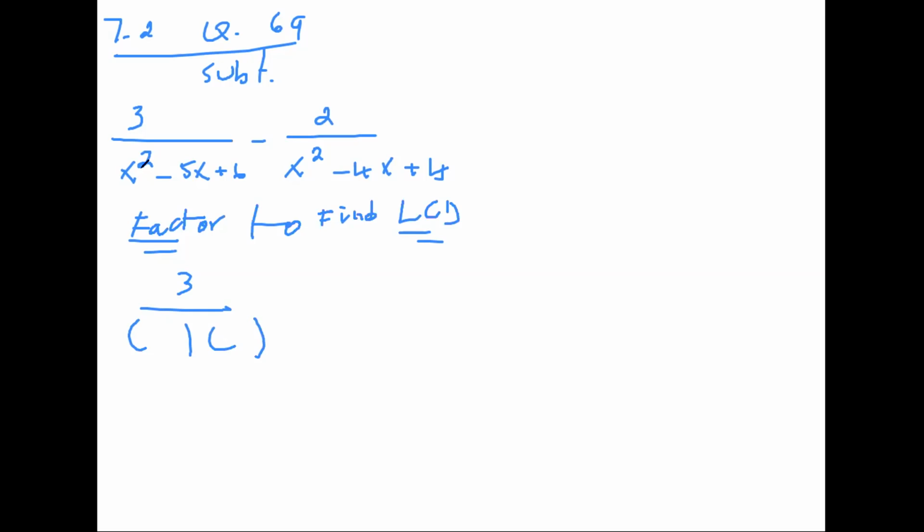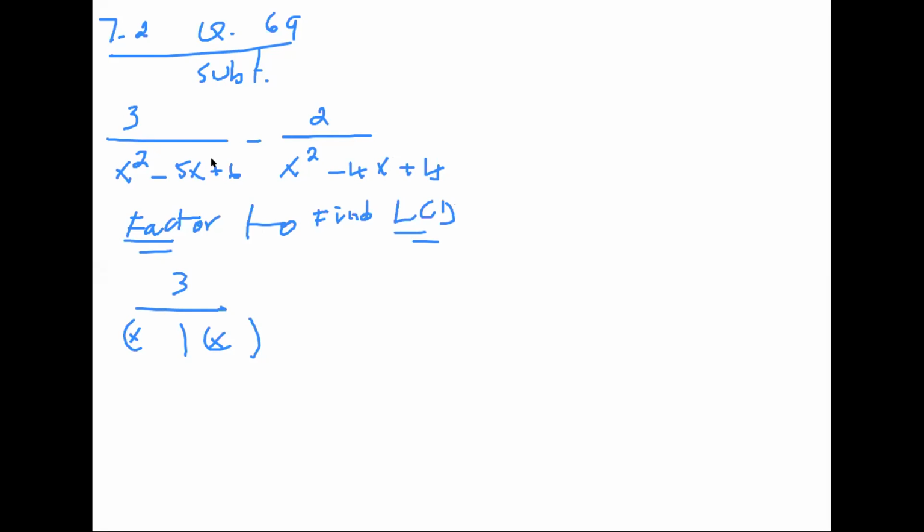As we saw last time, we have x squared and x, so we start each parentheses with x, and then we need to find 2 numbers that multiply to 6, and when you add them, give negative 5.